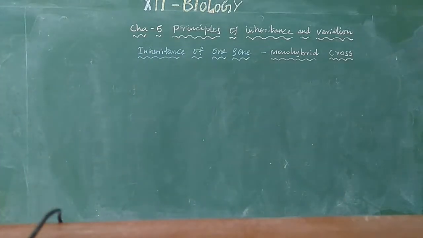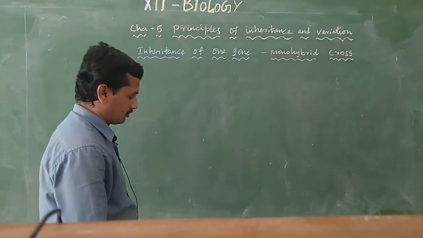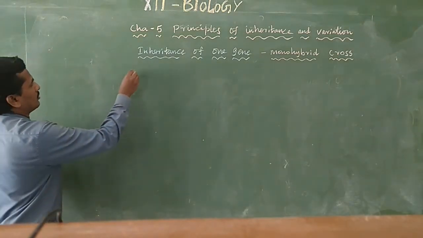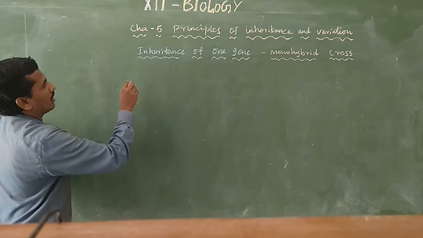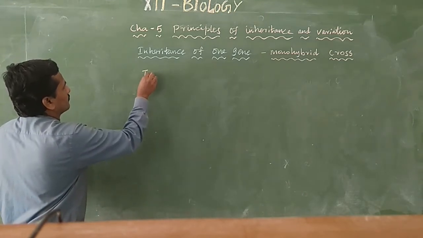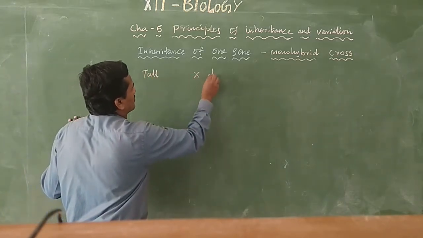A monohybrid cross involves one gene. For example, a tall plant is crossed with a dwarf plant.